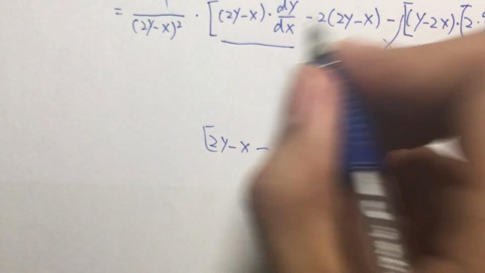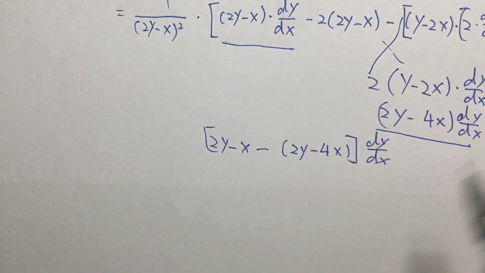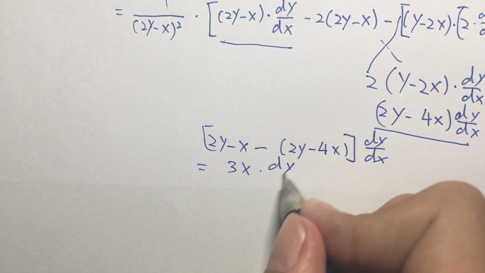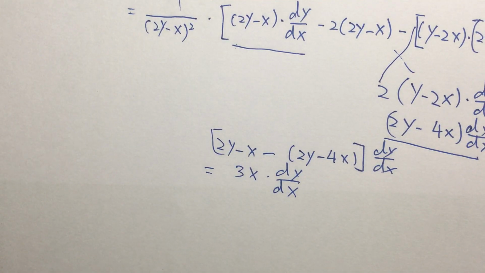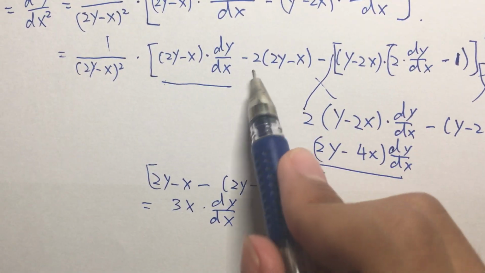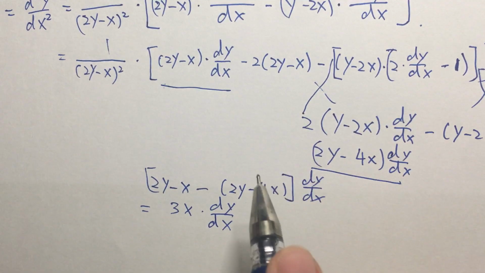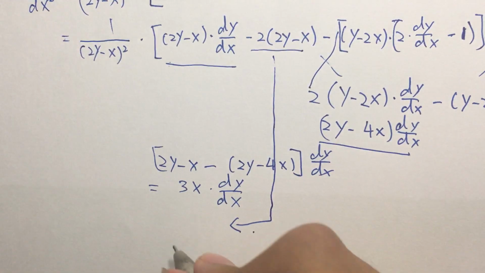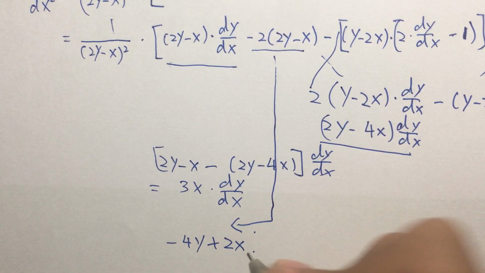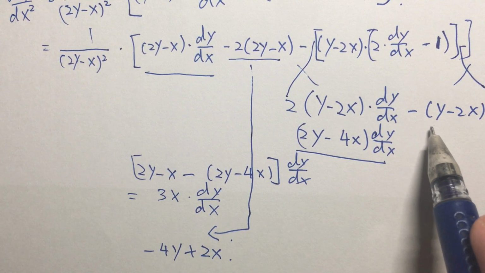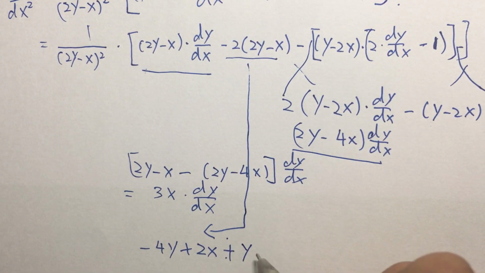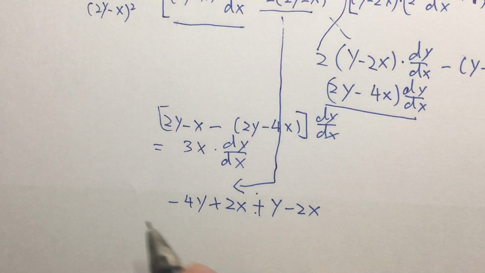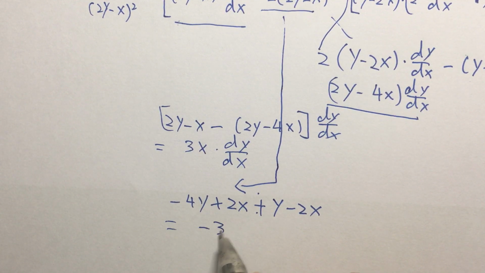By combining these two terms, with the negative sign, we get 3x times dy over dx. Now let's combine the terms without dy over dx. For this term, it will become negative 4y plus 2x, and for this term it should be plus y minus 2x, because the two negative signs cancel out, and this is equal to negative 3y.